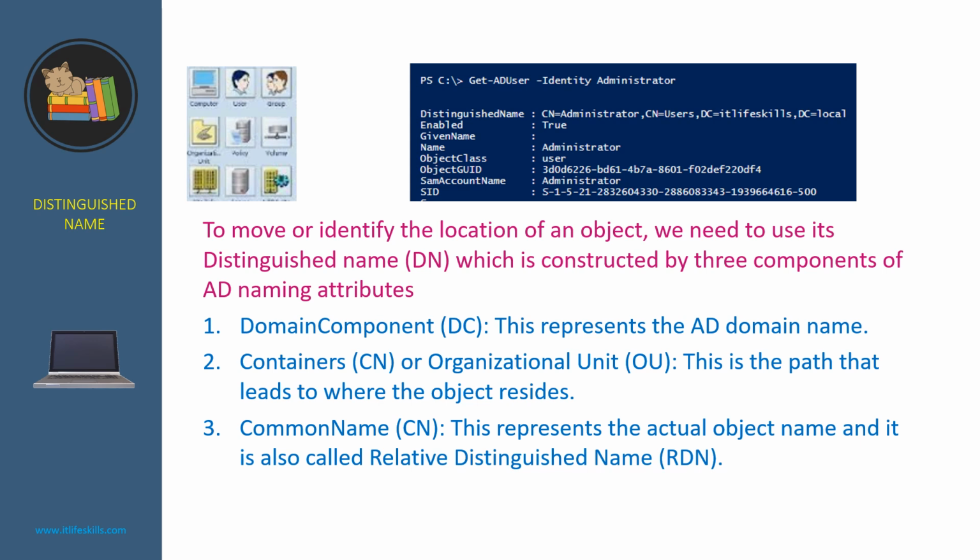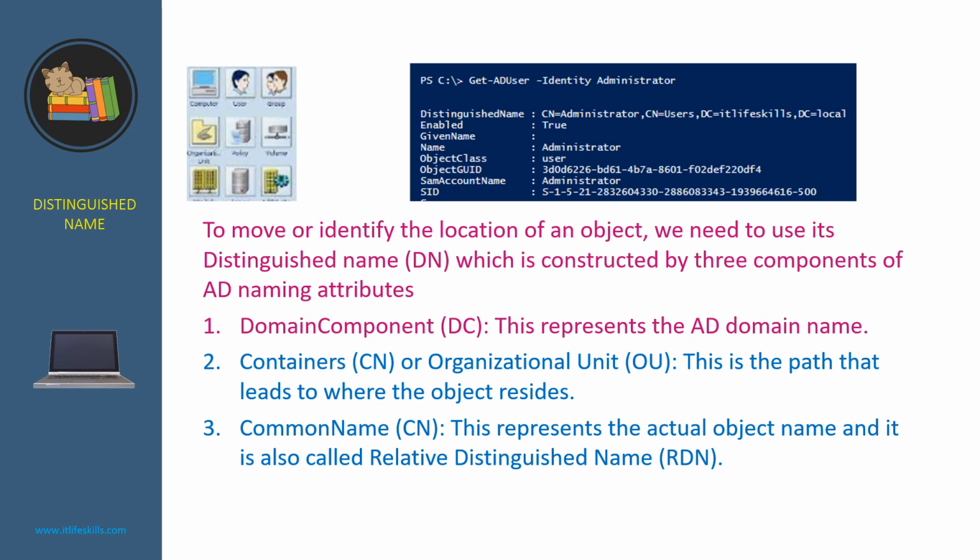To move or identify the location of an object, we need to use its distinguished name or DN, which is constructed by three components of AD naming attributes. The first component is domain component or DC. This represents the AD domain name.